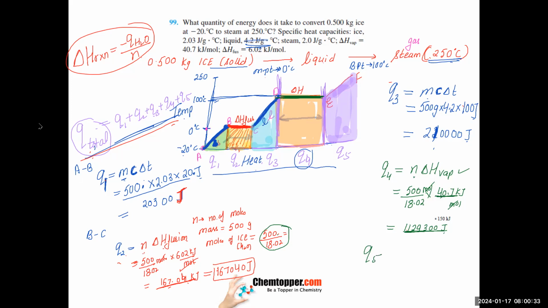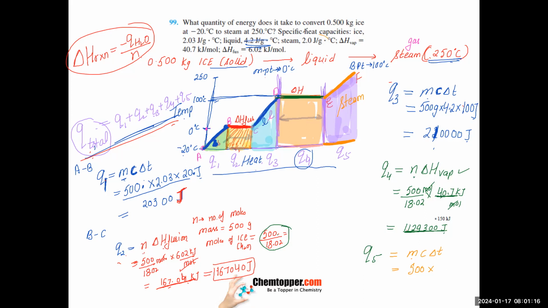You can see Q5, children. This is Q5. But which equation am I going to use here for Q5? MC delta T. Okay, now very fast, all of you. What is M? Here, this is the steam part. Same, 500. What is C? C is in the question. Read the value of C. The specific heat capacity of solid, liquid and gas is different.